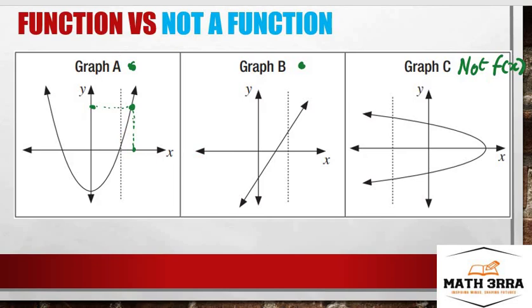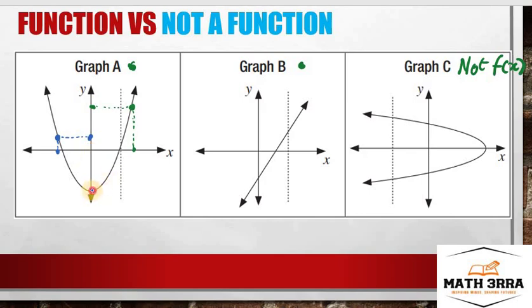We can pick another point in graph A. Let's pick another random point, let's say this point in here. At this point, we've got a corresponding input value, a corresponding x point, and by the same token, a corresponding y value, right?